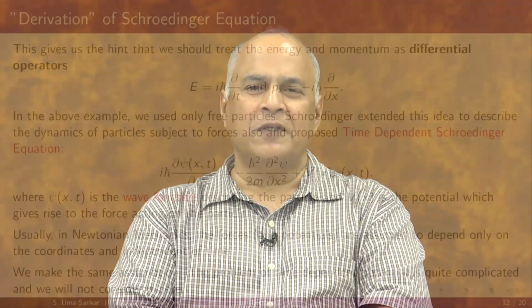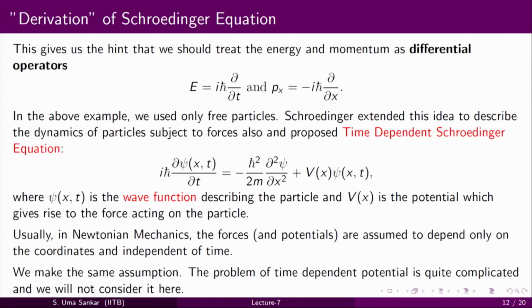So, this is the prescription given by Schrödinger. You take any system, it will have of course energy and momentum, and he prescribed that you replace the energy by the differential operator iħ ∂/∂t, and you replace the momentum also by a differential operator, -iħ ∂/∂x.